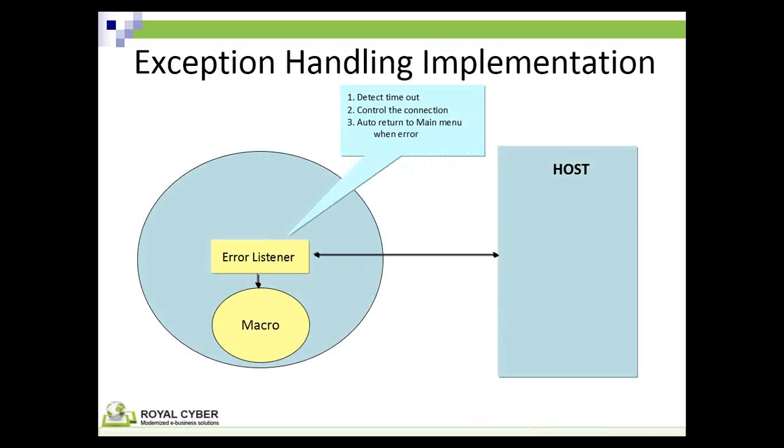Now, how do we know that an error condition has happened at the backend system, so that our framework should come into action? For each macro, we have the option to set a value in milliseconds. By default, it is 60 seconds. In our scenario, we have set the value to 30 seconds.